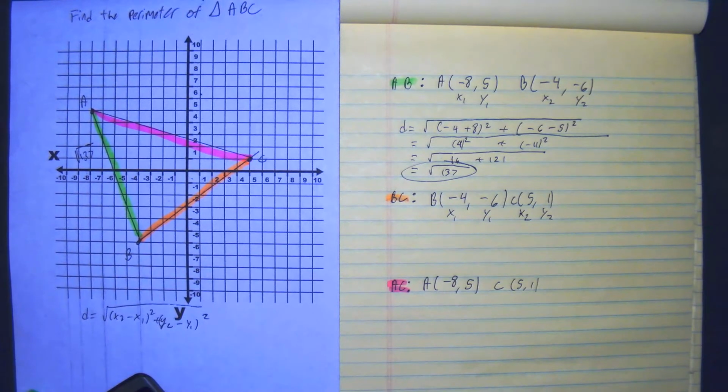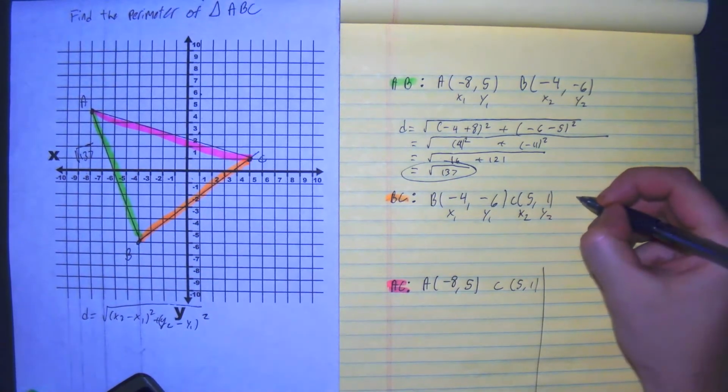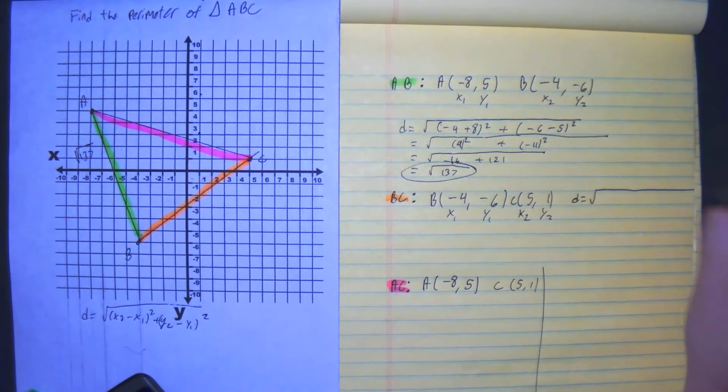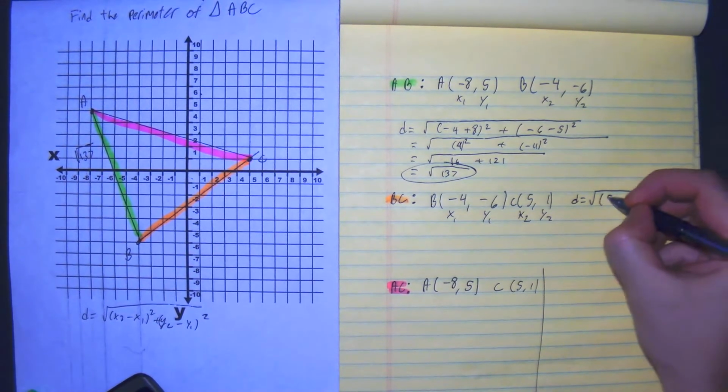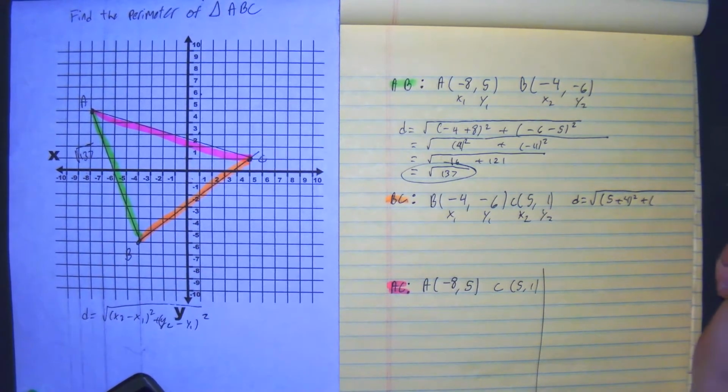Since I don't have much space here, I'm just going to draw it right here. So we have D is equal to the square root of (5 plus 4) squared plus (1 plus 6) squared.